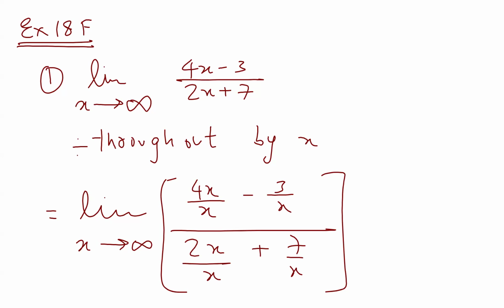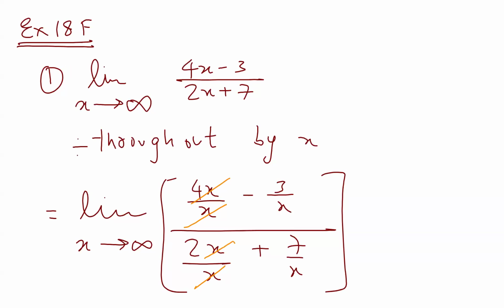So x is gone, and we are left with 4 minus 3 by x upon 2 plus 7 by x, limit x approaching towards infinity.